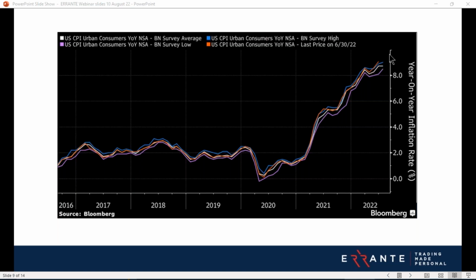There are two different issues here, and it's whether the market decides what's more important: the headline, which is falling, or the strong and quite sticky core inflation. For us, it's probably the latter, but certainly there has been credence to the forecast for a possible peaking now in the headline, especially.